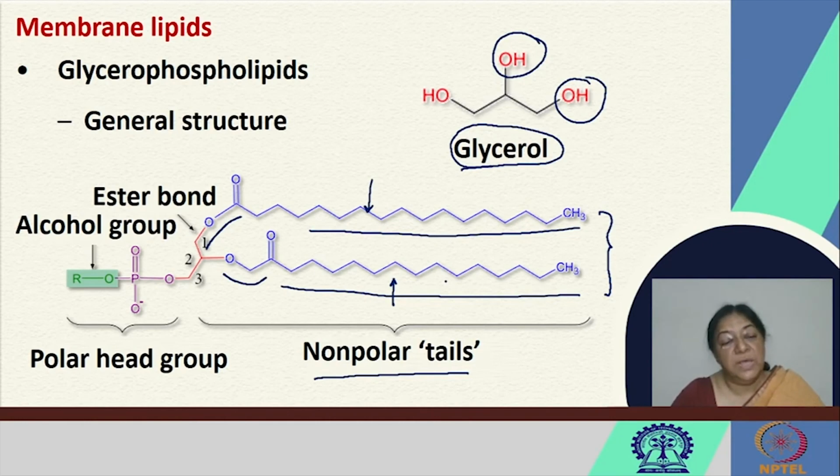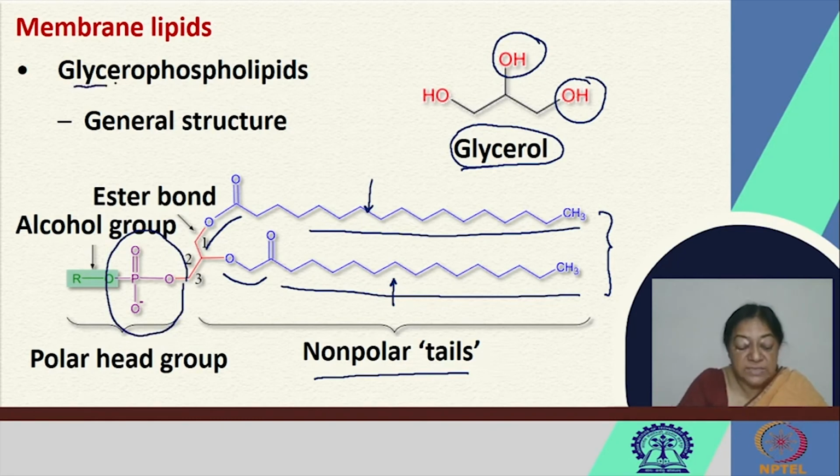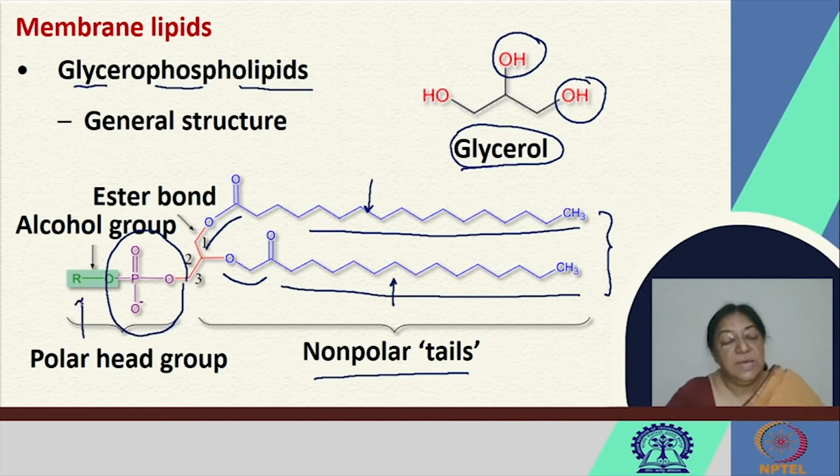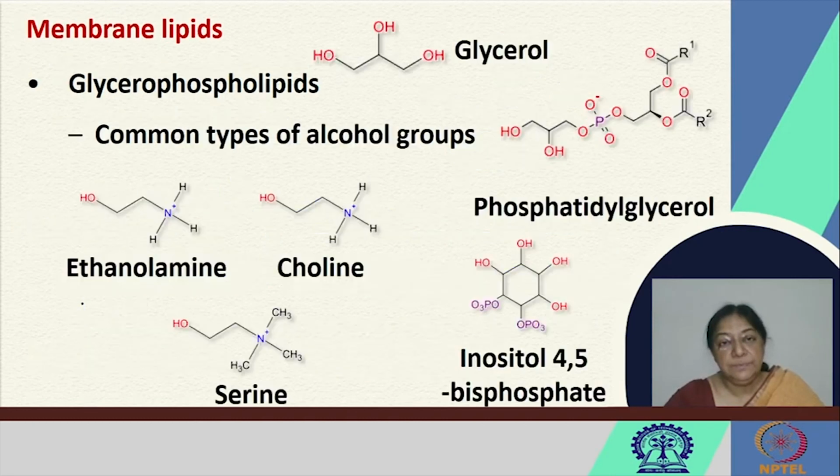In the formation of an ester group, here we have a phosphate group, which is why these are called glycerophospholipids, and there is the presence of an alcohol group here. This alcohol group is the polar head group that forms the polar head of our lipid.